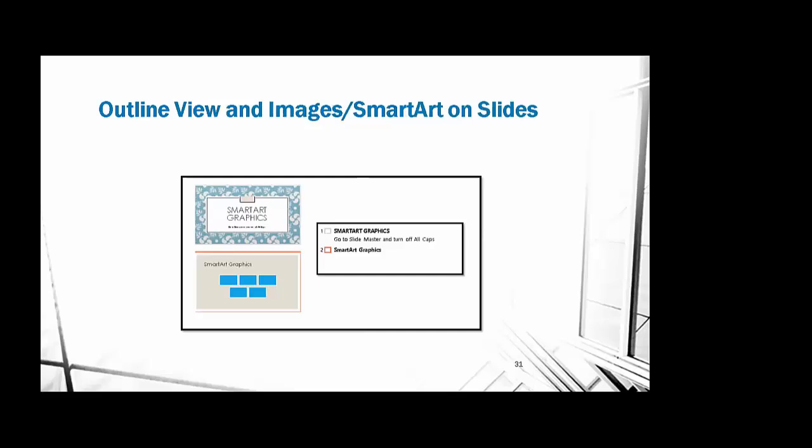So this is one of the instances where when I convert this to tagged PDF, that's going to be a single image. I've provided alt text for it, so it actually becomes more accessible in the PDF document than it is in the PowerPoint presentation. And notice on the right with the outline view, the SmartArt object is not represented in that outline view.